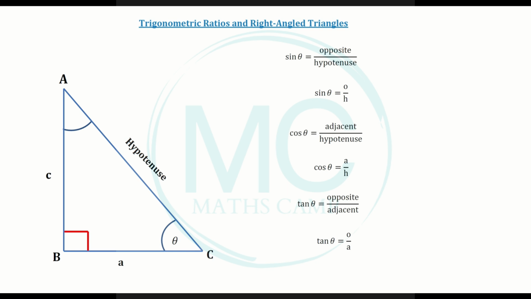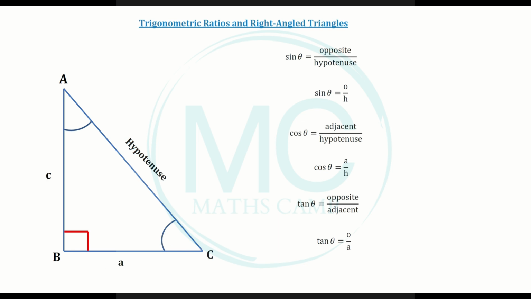So let's draw a line from angle theta to the opposite side of the triangle. This is the opposite side. So over here, we can write opposite. Now, the word adjacent means next to. So the adjacent side lies next to theta, but not the hypotenuse. So in this case, this is our adjacent side.